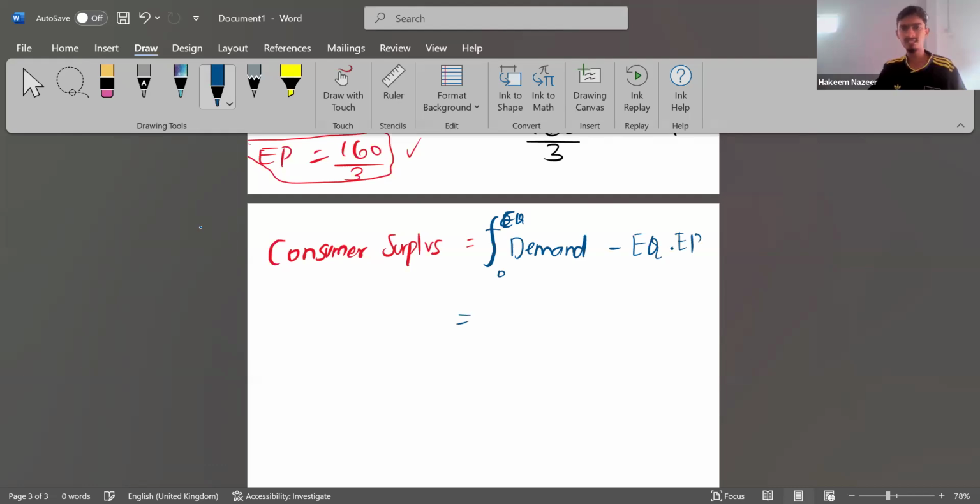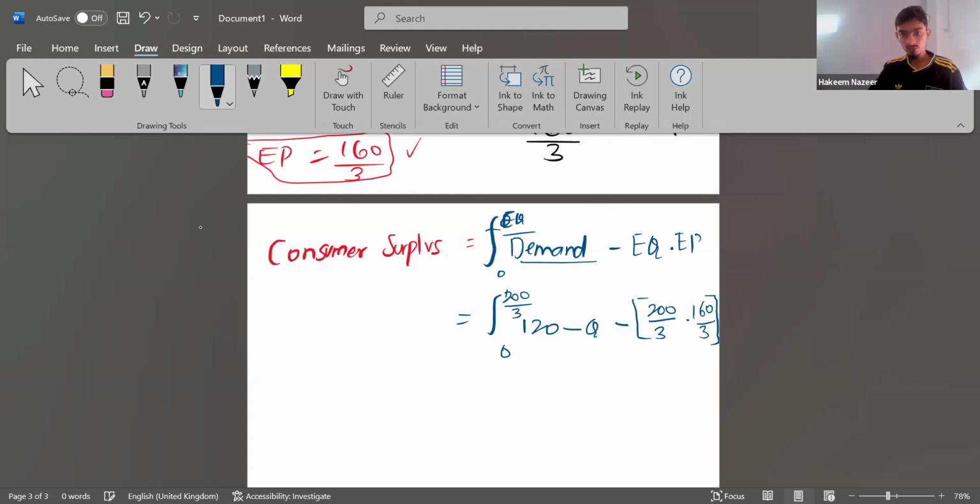Easy. Then rewrite the demand function as an integral from 0 to the equilibrium quantity, 200 divided by 3, of the demand function 120 minus Q, minus the equilibrium quantity 200 over 3 into 160 over 3.